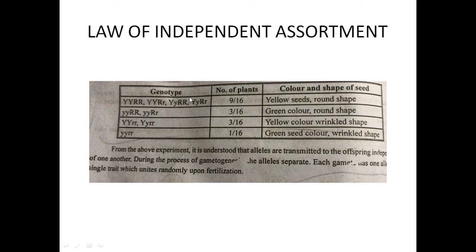These are the genes or the alleles present on the genes. They are showing parents are assorting or separating independently from one another. Parents assort or separate independent of one another is nothing but the law of independent assortment.